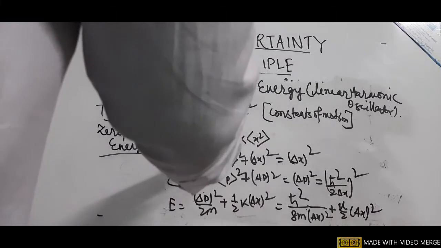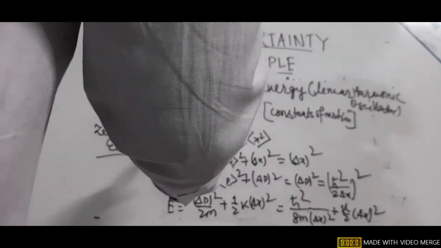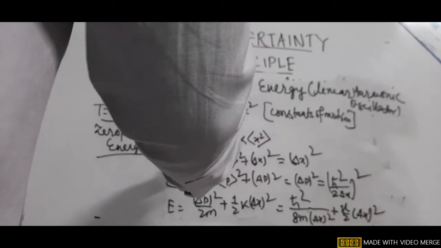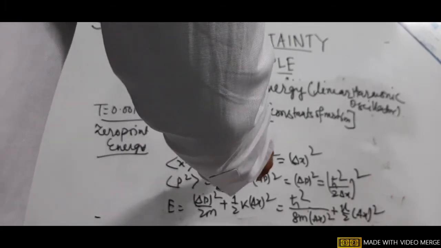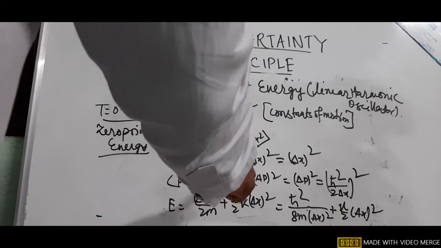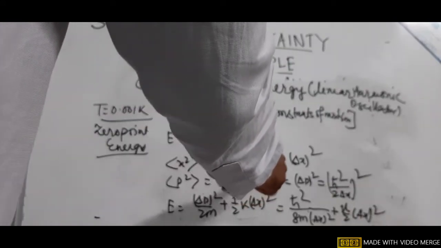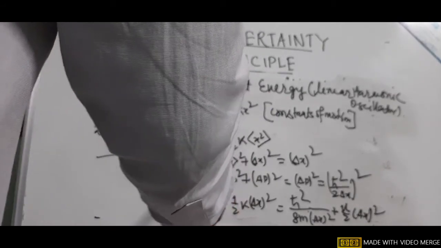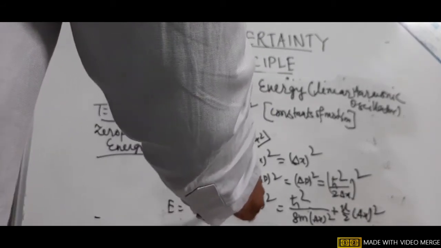So if you take the average energy, I have taken the average of p squared and x squared. Now x squared average equals x average squared plus del x squared, and p squared average equals p average squared plus del p squared.